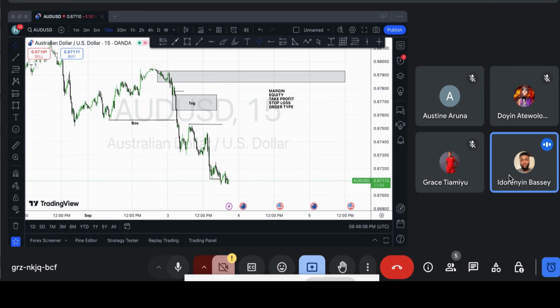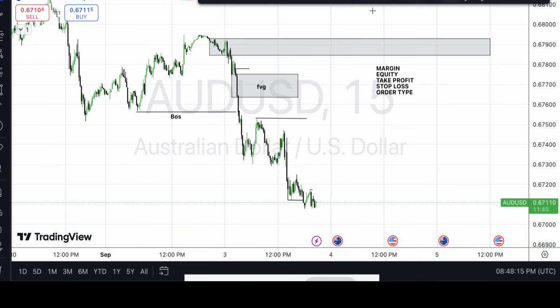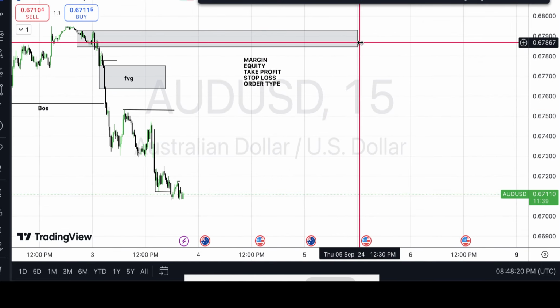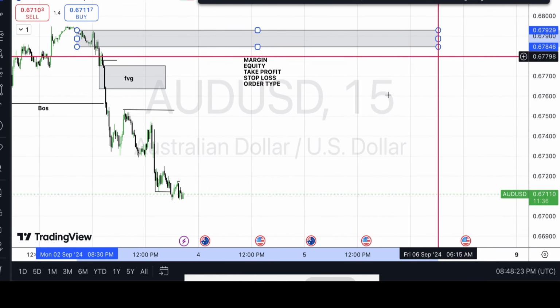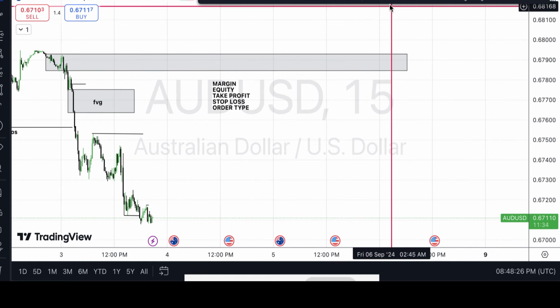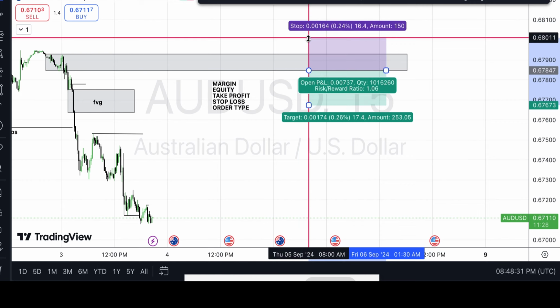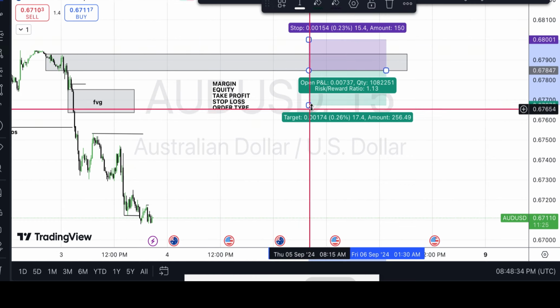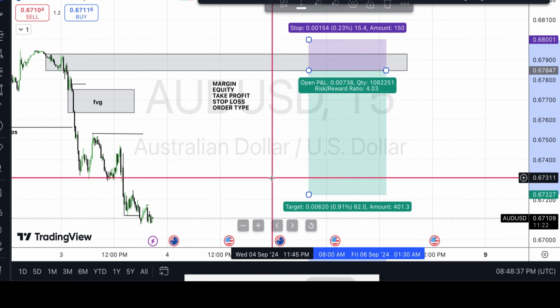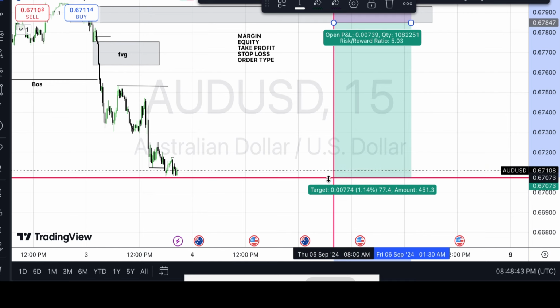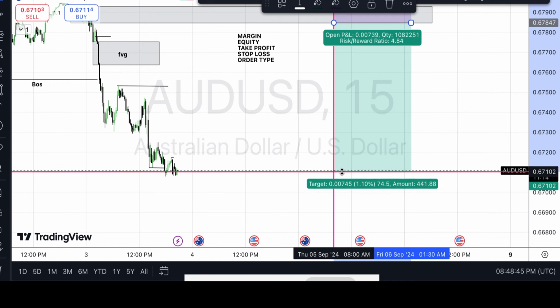So let me show you what take profit means on a live chart. Let's say this is my chart here, and I took the trade from this level. I set my stop loss here, and this is where I want to leave the market, somewhere around this zone.